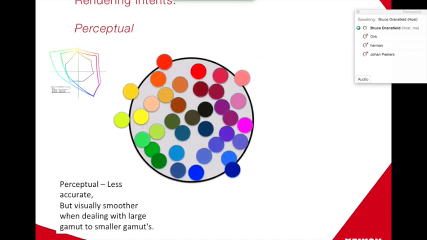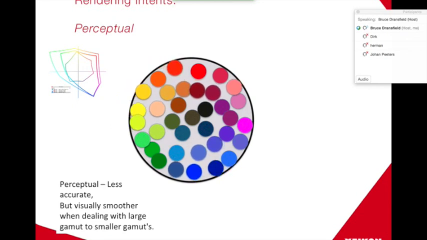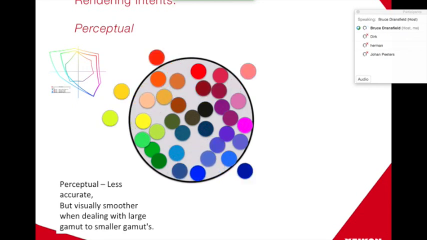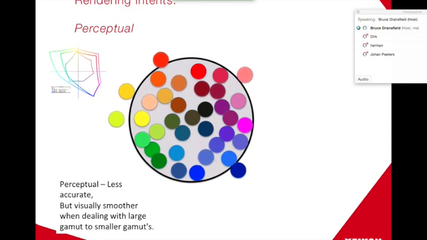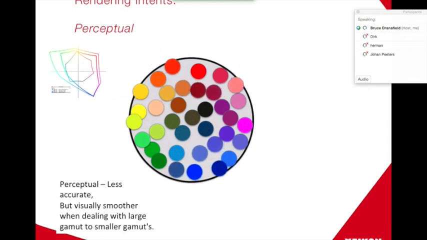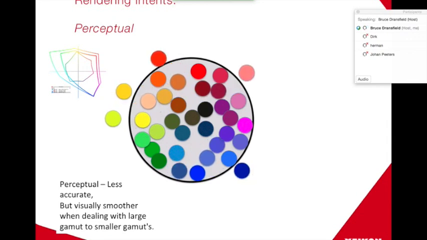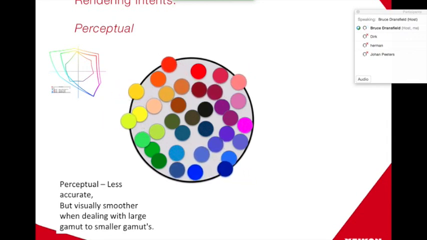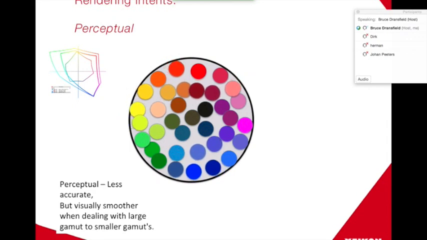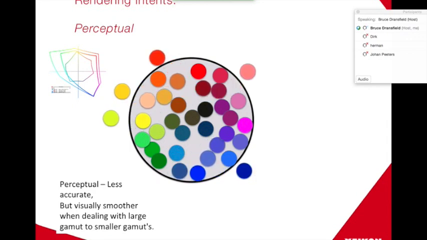Next we have perceptual. So the idea with perceptual is it only really comes into play where you have a much bigger space and you want to move the colours into a smaller space.